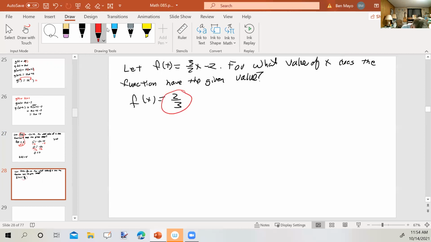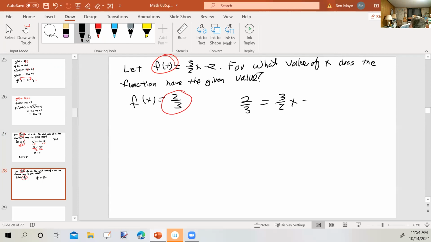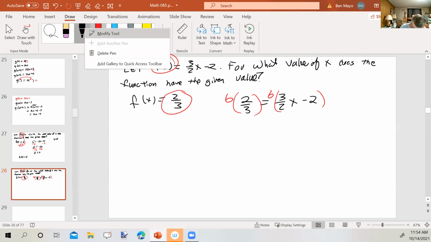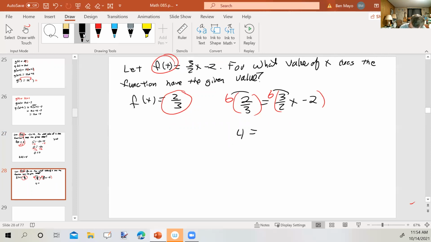So that's going to go in the place of f of x, which gives us 2/3 equals 3/2 x minus 2. So to solve for x, tell you what, let's clear the fractions. So we'll multiply both sides by the LCD, which is 6. And let's see here, we've got 12/3 or 4 equals 18/2 or 9x minus 12.